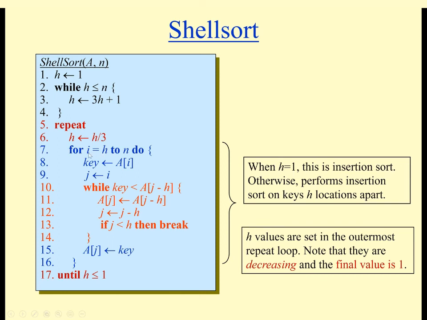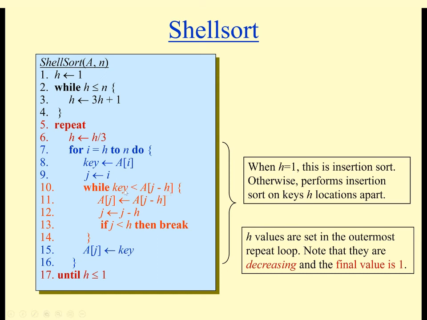Do you think so? For I, as we mentioned before, it's just insertion sort, but with H. We assign key to AI, and then J to I, and then move J by H every time.